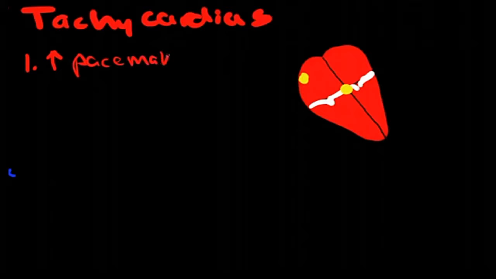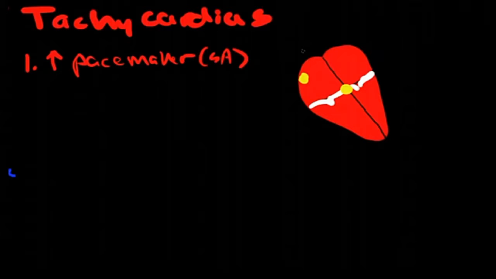Okay, so tachycardia. Tachycardias have three major causes. The first is going to be increased pacemaker activity in the SA node. What causes this?